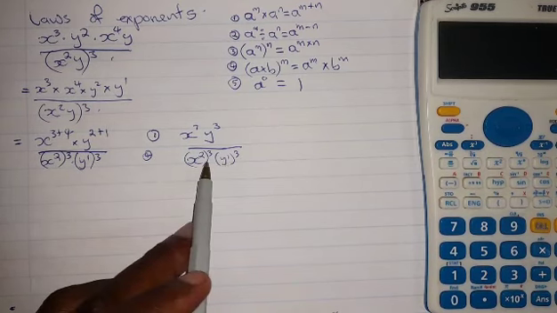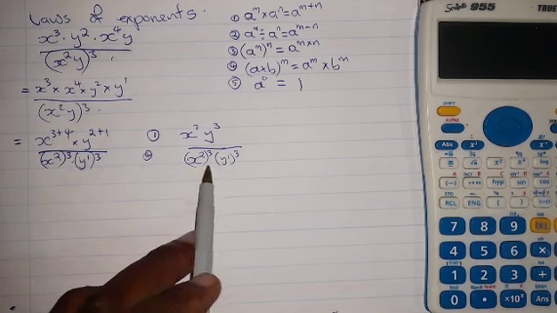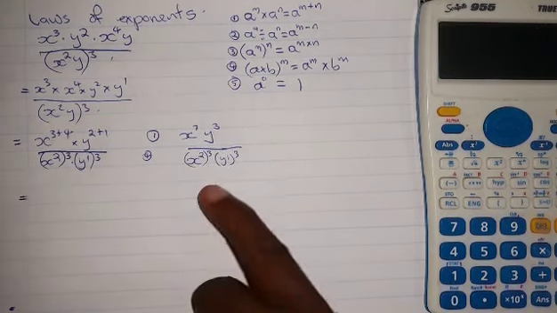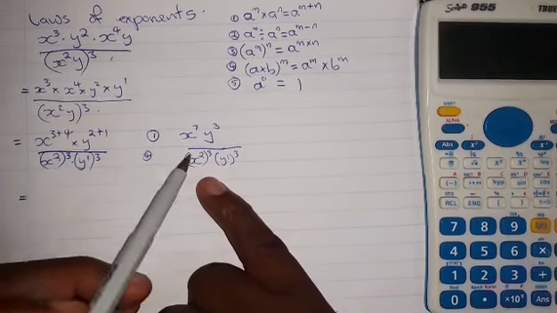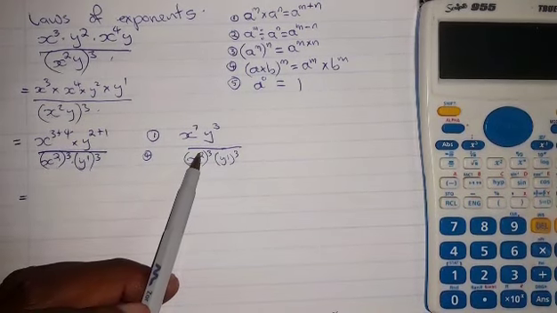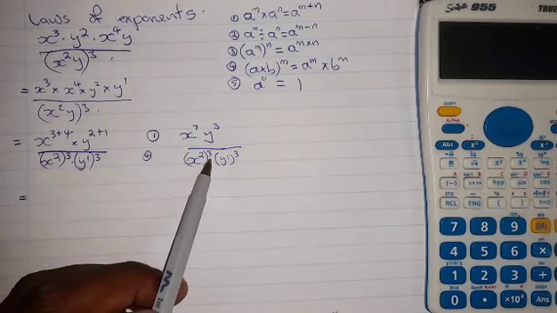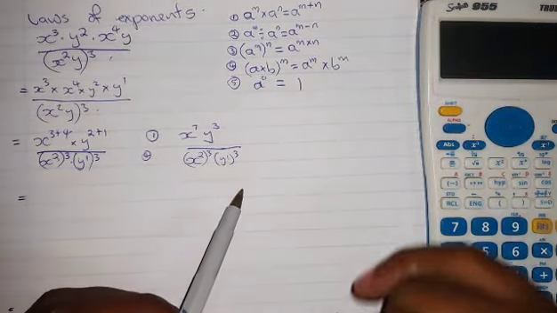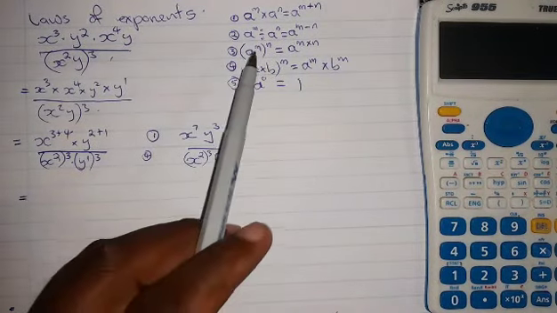And then which law are we supposed to use here? Look at this one. We have got x squared is raised to 3, y to the power of 1 raised to 3. Which law should we use to deal with that situation?